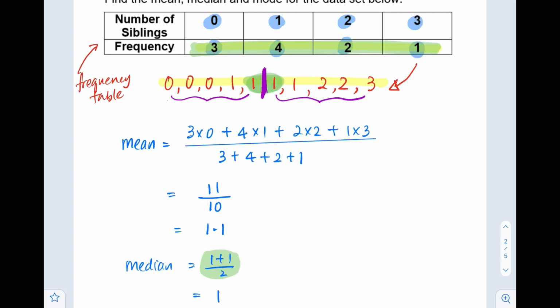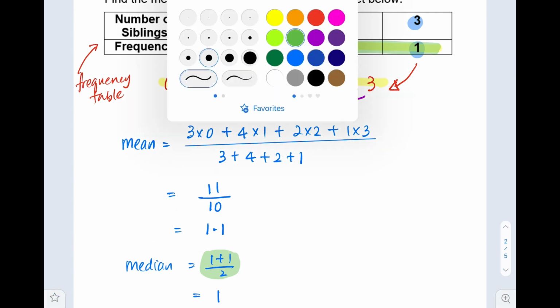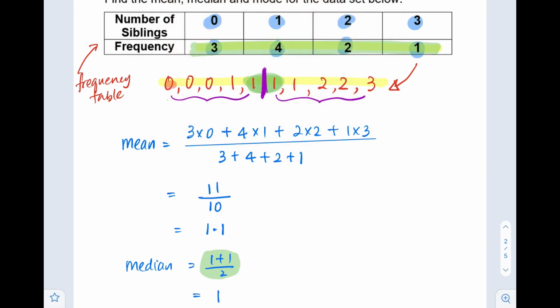But what if I did not write or list down all my data points in this manner, like what I did here? If I did not list it down like this, how am I going to find the median? What you can do is add up your total frequency, which gives you 10. Then you ask yourself, if it's 10, which are your data points in the middle? It will be your 5th and 6th value.